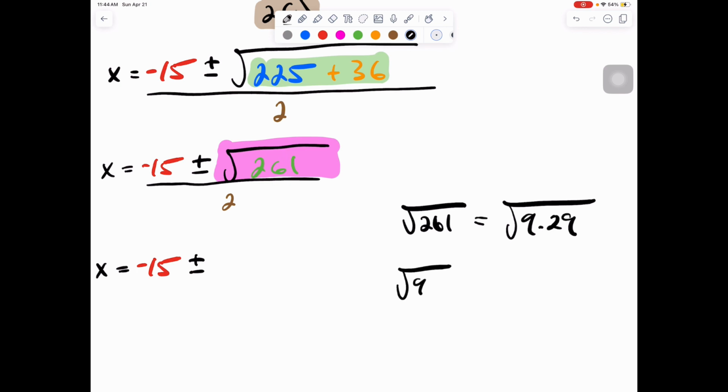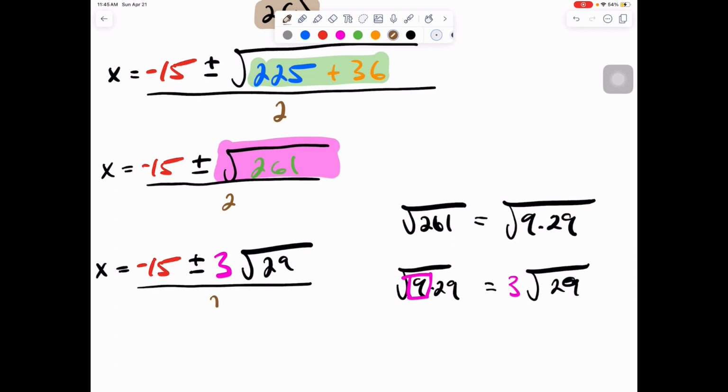The square root of 9 times 29 is equal to, yes, we do have a perfect square within that 9, so 3 square root 29. Sorry about that. When we simplify this even further, we're going to write it as x equals negative 15 plus minus 3 square root of 29, which cannot be broken down any further, and we will set that over our brown 2. Go ahead and circle your answer.